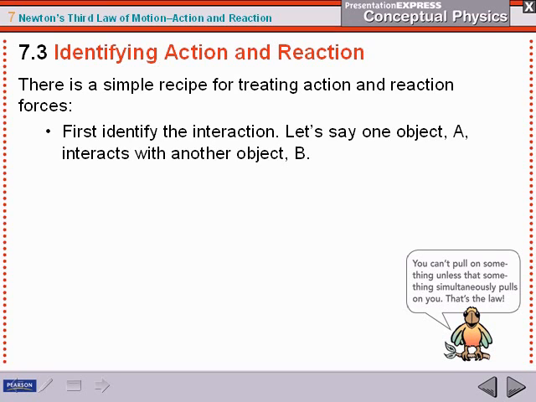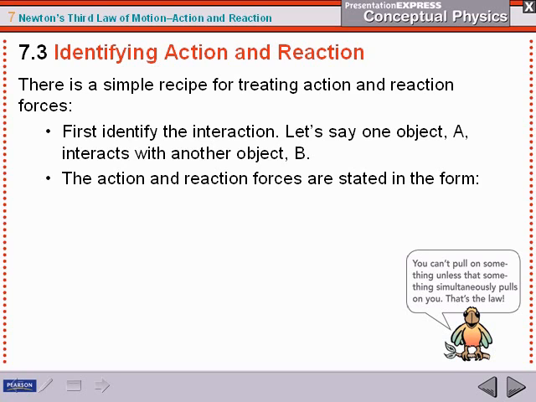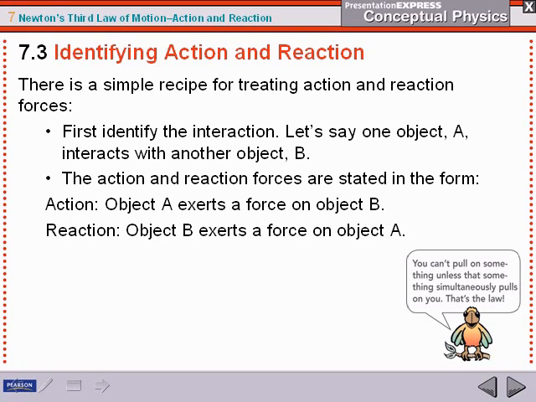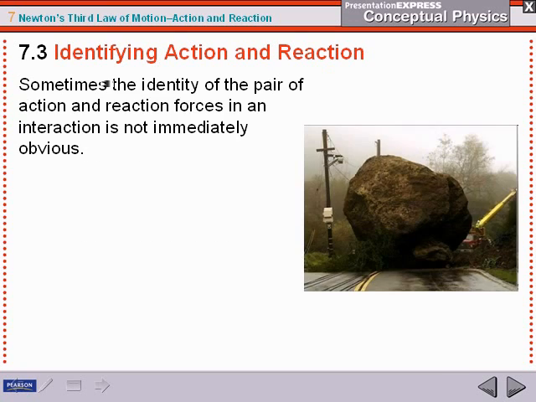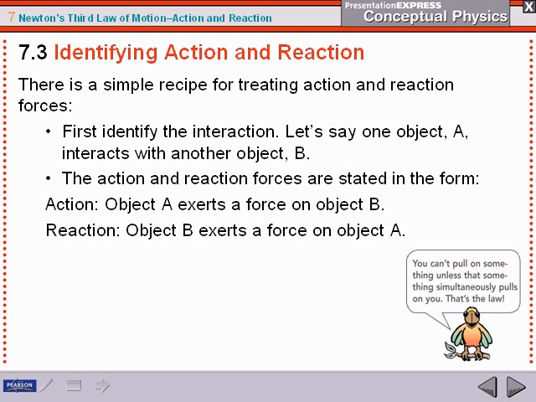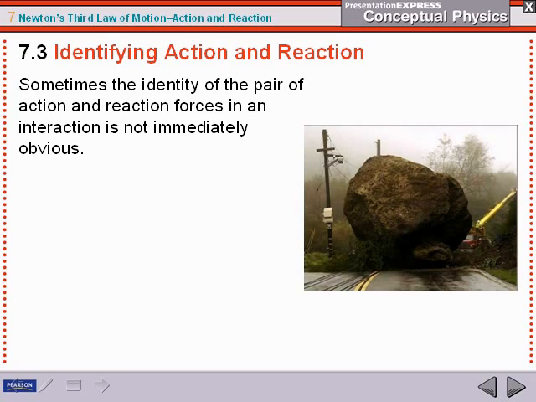We'll call one object A and the other object B. So we can state the forces in the following manner. Object A exerts a force on object B. That's our action. Our reaction, object B exerts a force on object A. I always like to say A acts on B, B acts on A.